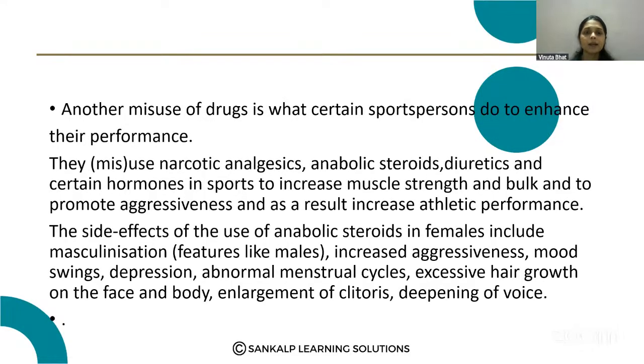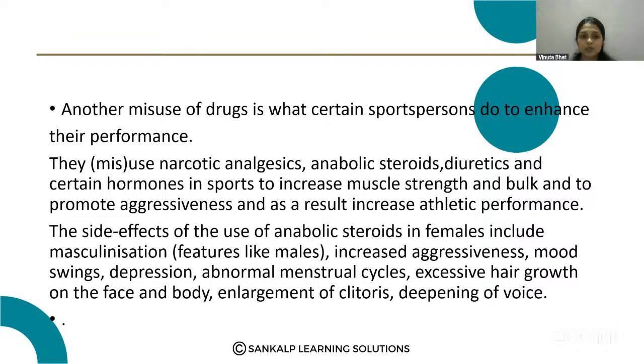Another misuse of drugs is by certain sportsmen, who use these drugs to enhance their performance. Some sportsmen use drugs that give extra energy, which feels like a hallucination, but it gives them extra energy.